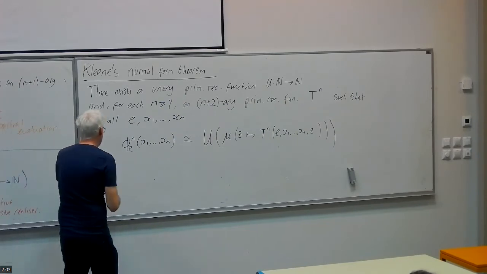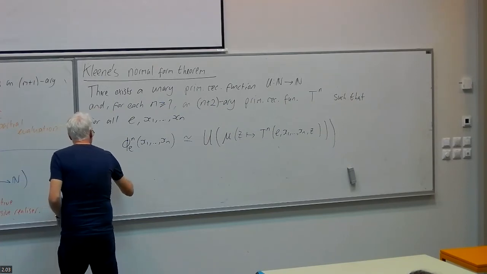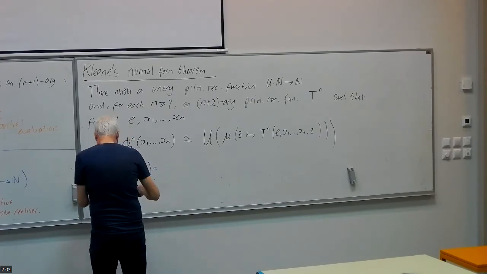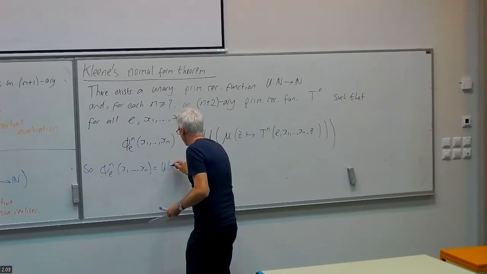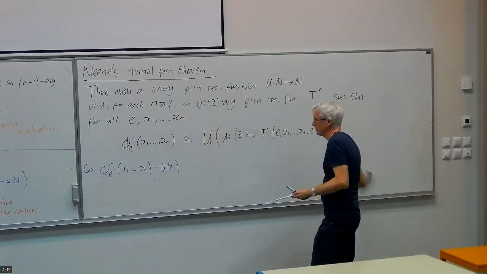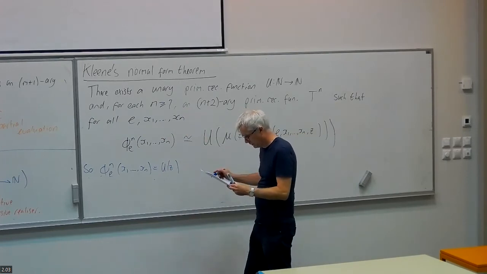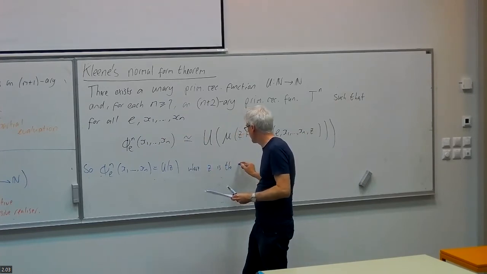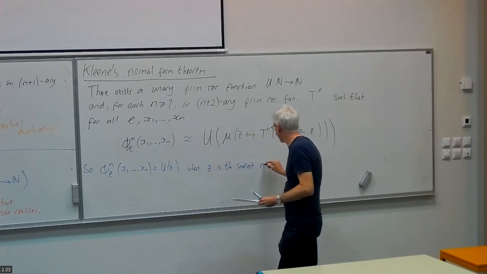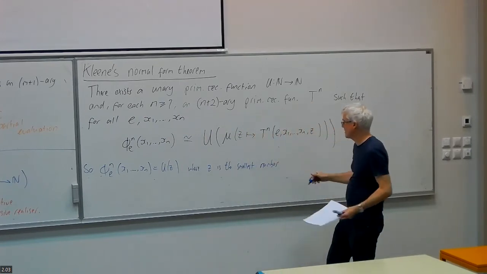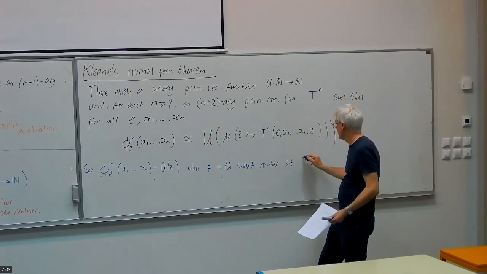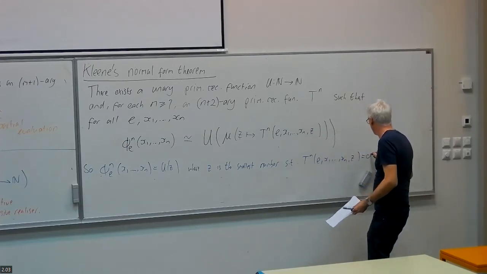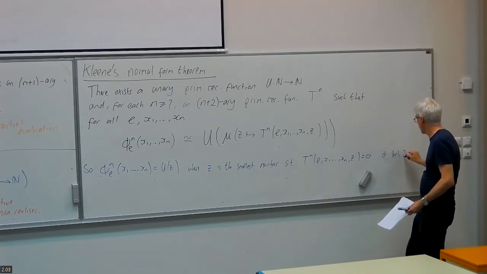And because of this, what we're saying is that phi^n of e of x1 through xn equals u of z, where z is the smallest number, I'm just rewriting this in words, the smallest number such that t superscript n of e x1 through to xn z equals 0, if such z exists.